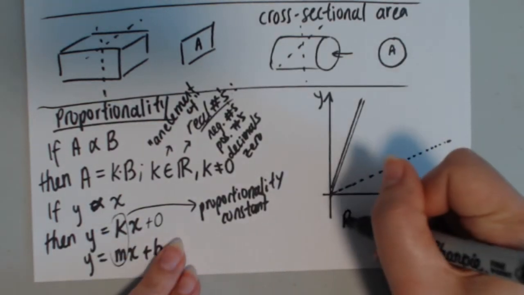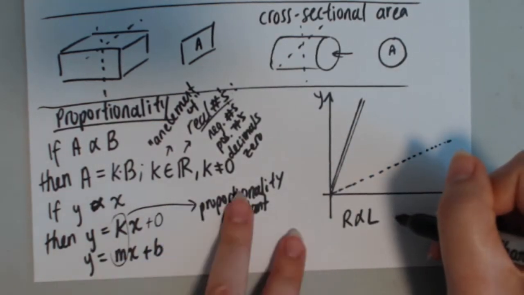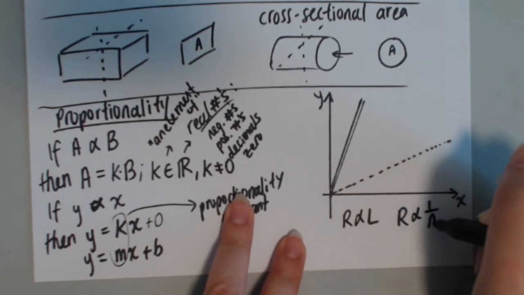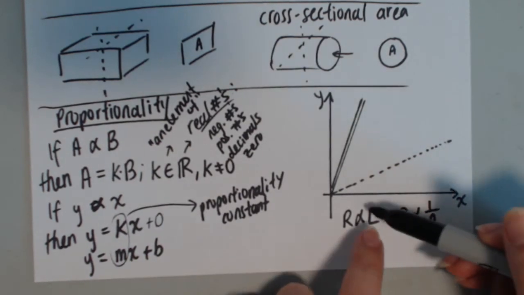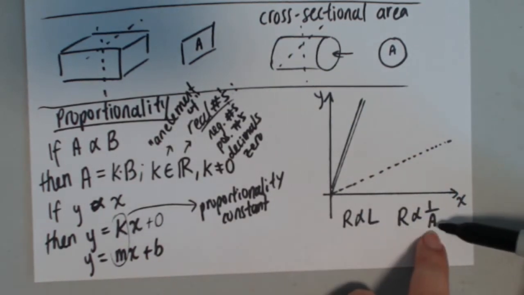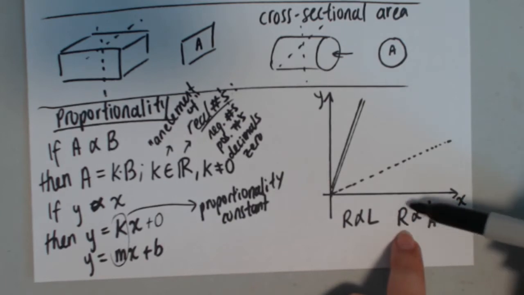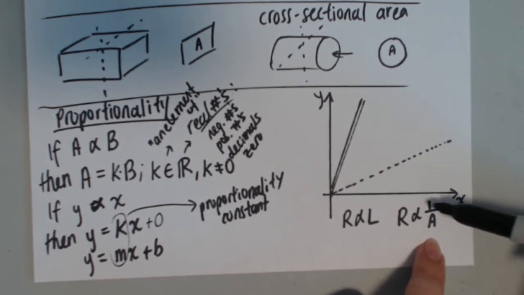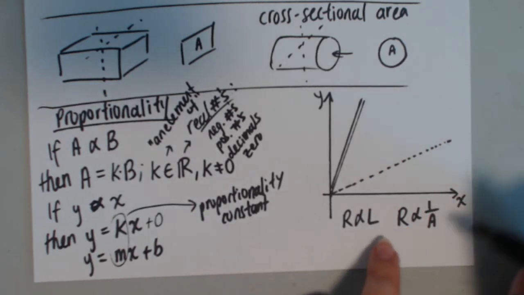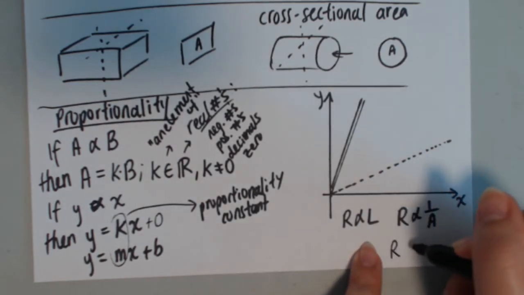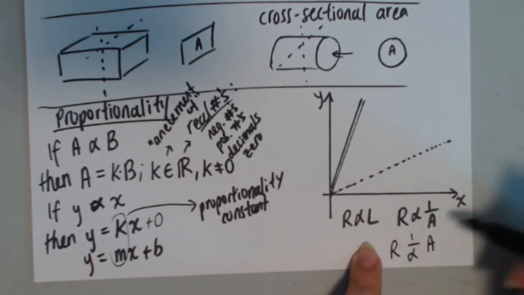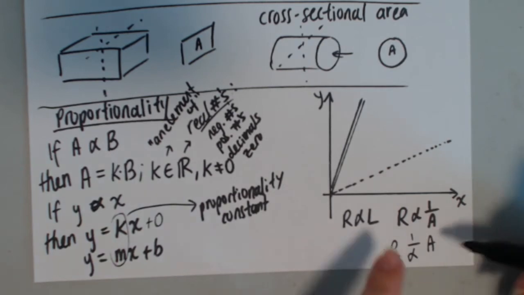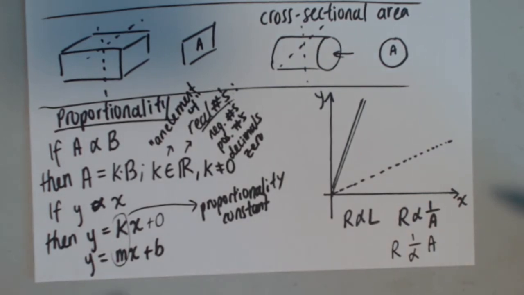So when we say that resistance is proportional to length, and that resistance is proportional to the reciprocal of area, really what we're saying is that as length increases, resistance increases. As area increases, well, what happens? Resistance has to decrease, right? Because this is reciprocal proportionality. Sometimes this is also written as R is inversely proportional to A. These two things mean the same thing, so just be careful with that.